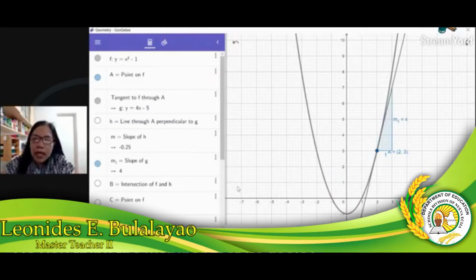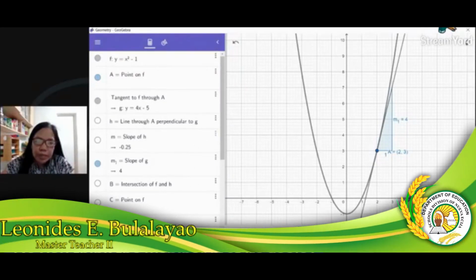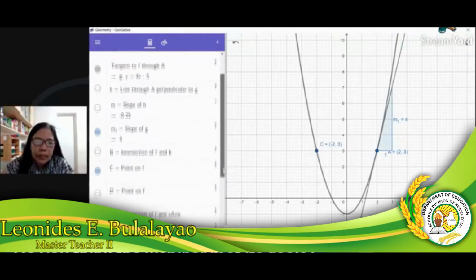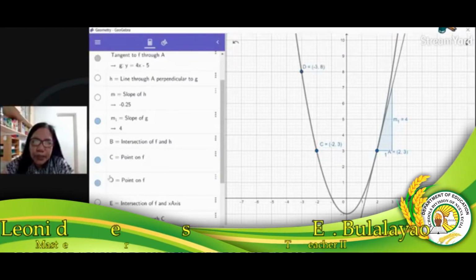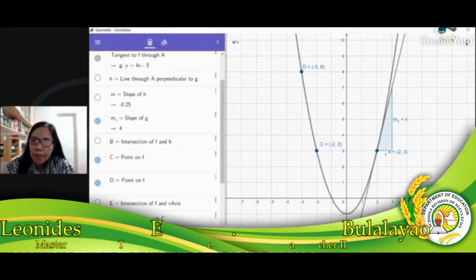Okay. Since the slope in general of this curve is 2x, what about if we have another point on this graph, which is (-2, 3), and another point on the curve, which is (-3, 8). So let us try to determine the slope of the tangent line at these points.